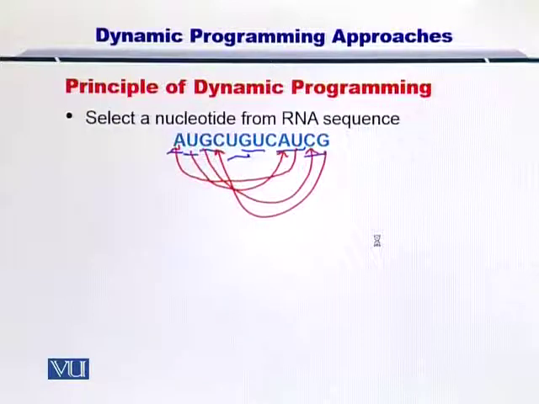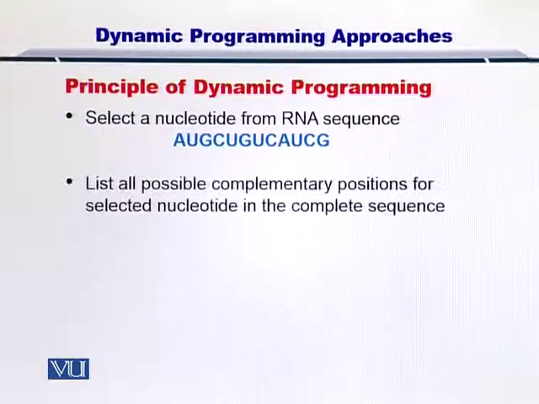So as you can see, there are so many possibilities of coupling the complementary nucleotides. So how exactly do we find which set of coupling will give us the best folded RNA? So that is a very difficult question to answer, and for that we need the help of dynamic programming.